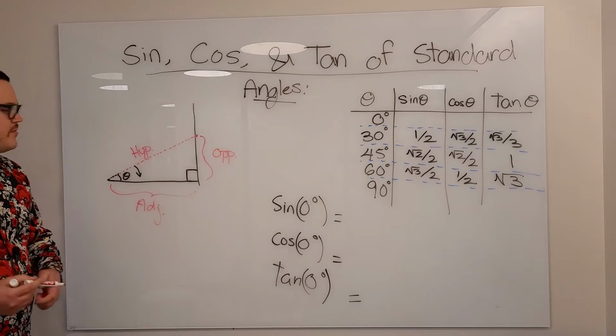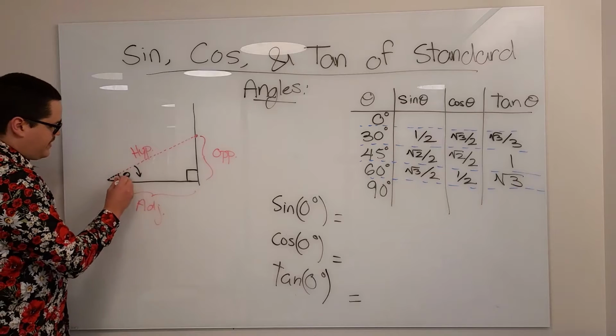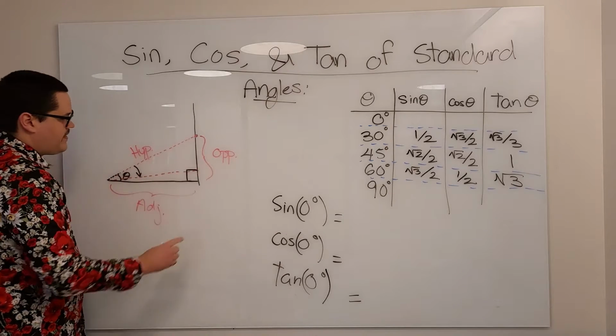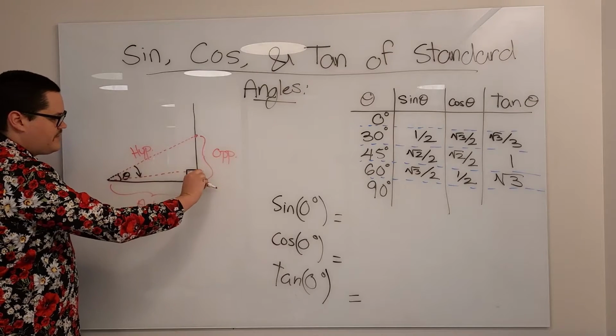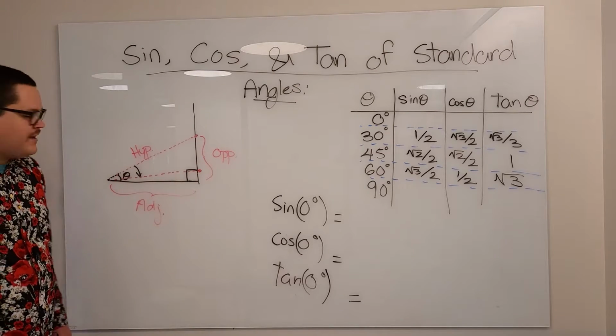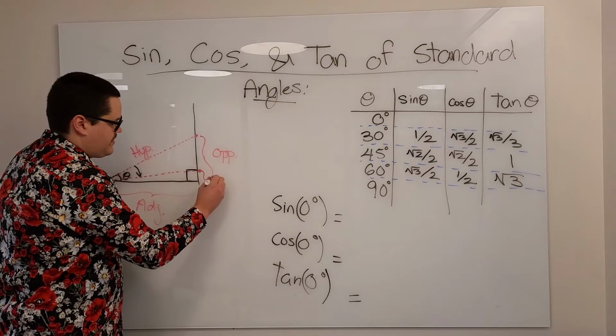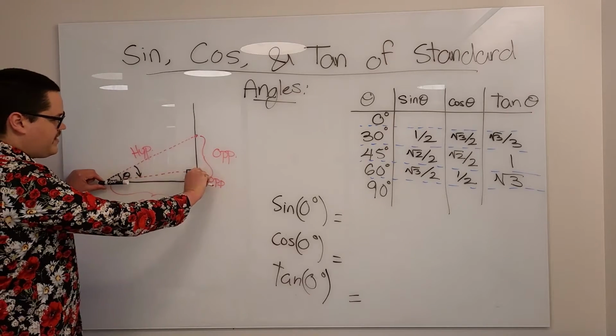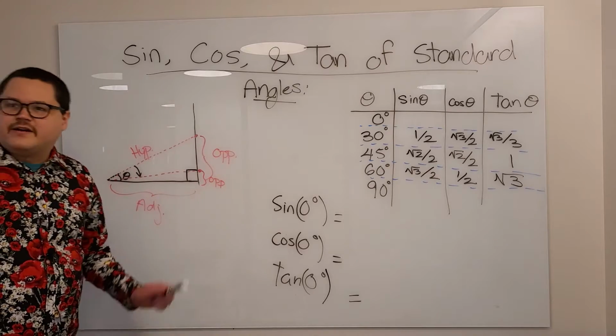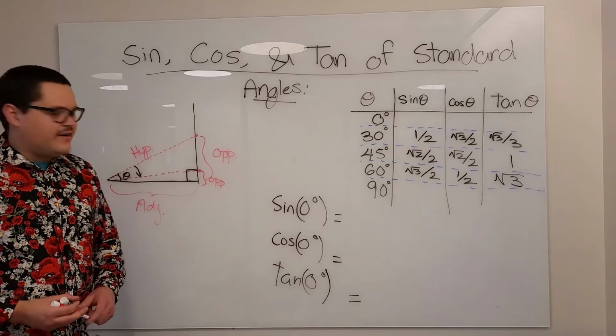Well, if this laser pointer is moving downward, then the opposite, which used to be this length, is now this length, or even shorter as it moves down. Maybe this is the opposite, and when it descends even further, that'll shrink down to 0. So the opposite shrinks down to 0.